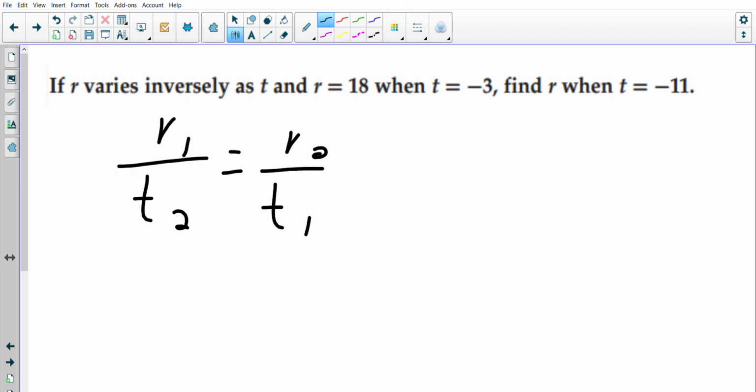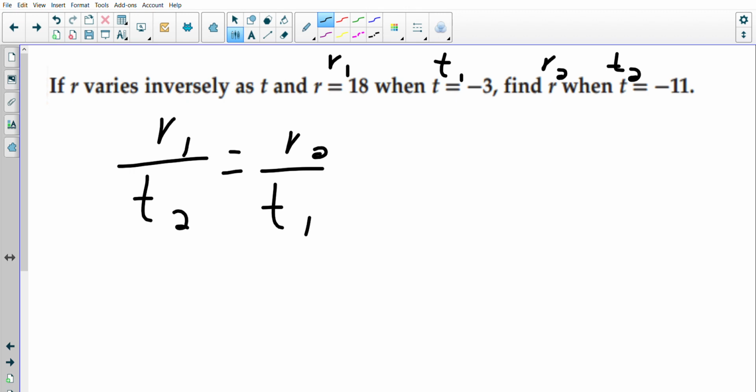Okay, it's a little backwards. So now if I fill it in, so if this is t sub 1, this is r sub 1. If this is t sub 2, oh, I got that wrong. Put it in the wrong spot. I was looking at the wrong t. Okay, so if this is r sub 1, this is t sub 1, which would make this r sub 2, t sub 2. Okay, so I'm just going to rewrite it now.